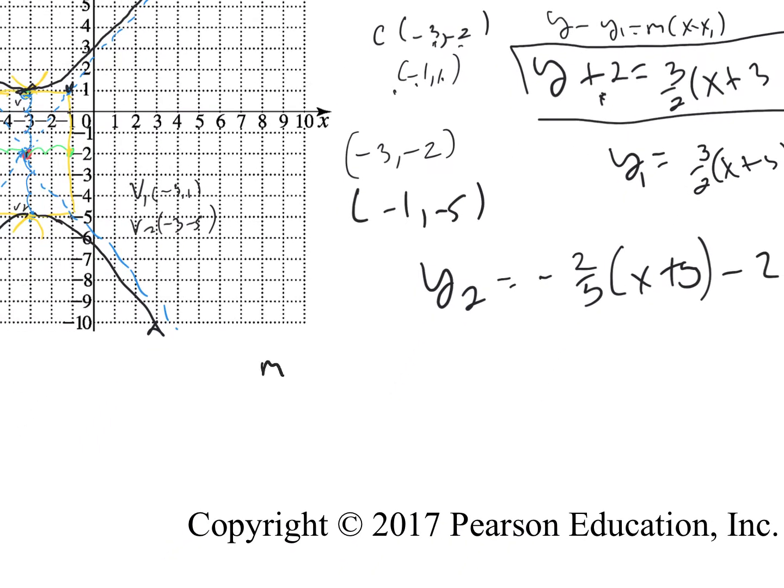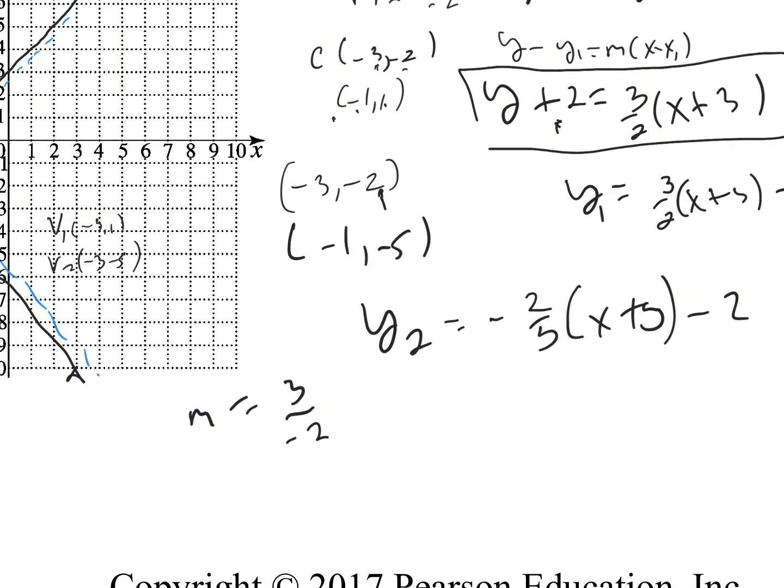Find the slope. Negative 2 minus minus 5 is negative 2 plus 5, which is 3. Ooh. Negative 3 minus minus 1 is a plus, that's a negative 2. Well, 3/2. What did I put over here? Huh.